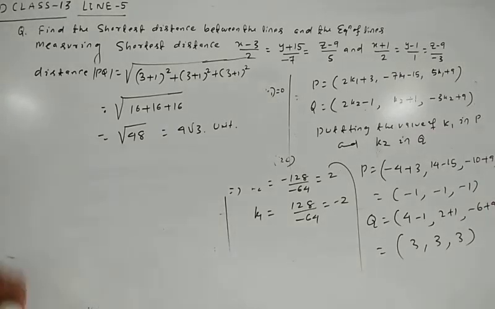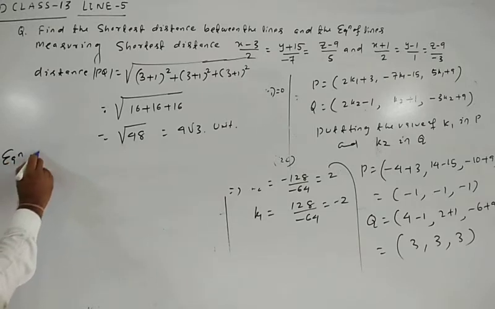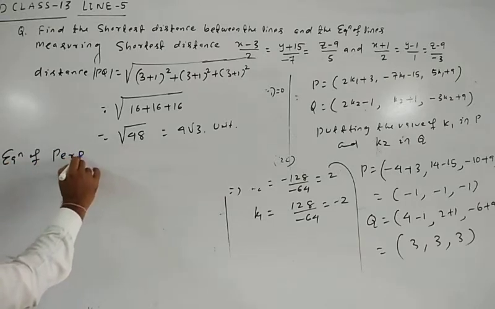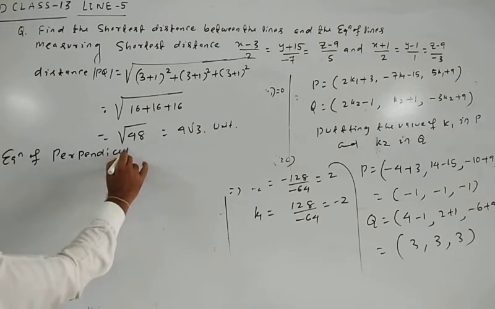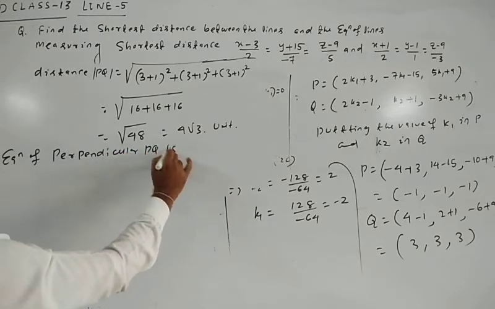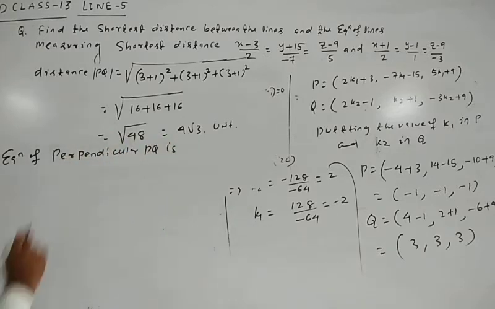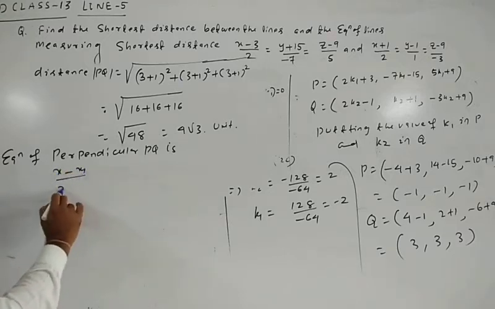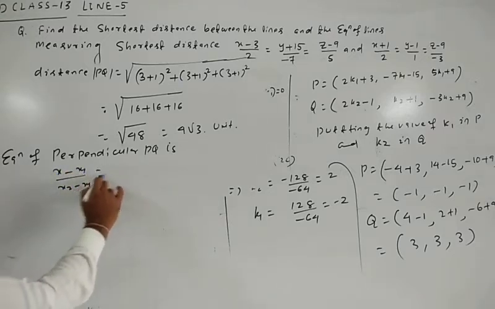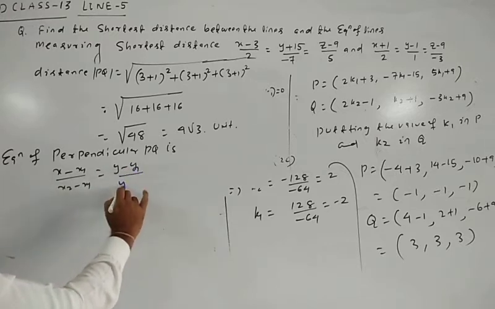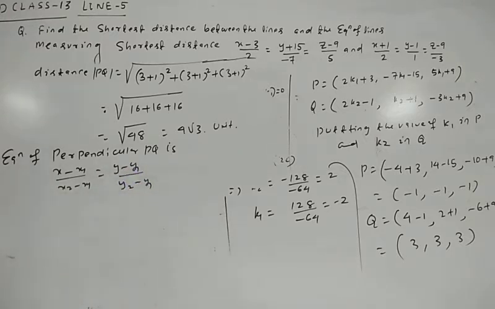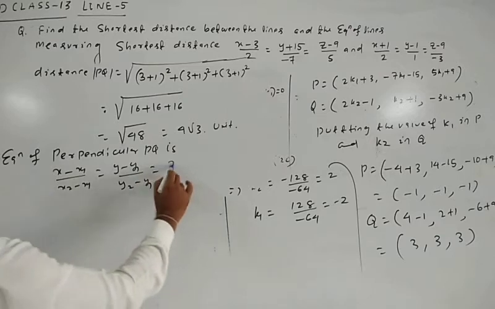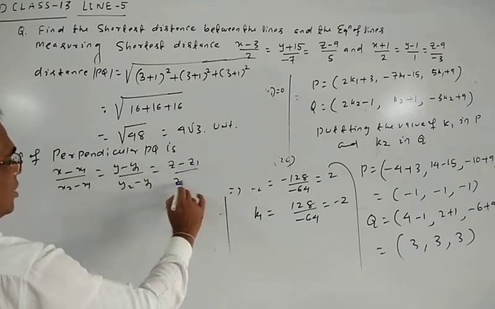and the equation of the perpendicular PQ is x minus x1 by x2 minus x1, y minus y1 by y2 minus y1, using the 2-point form, equal to z minus z1 by z2 minus z1.